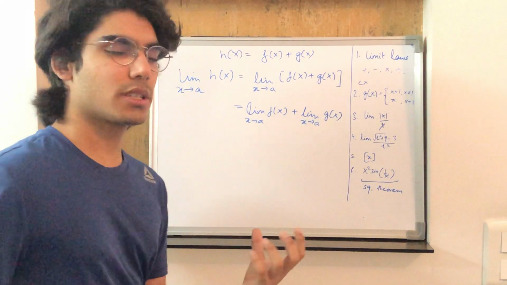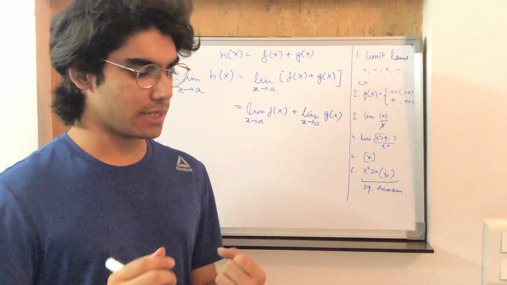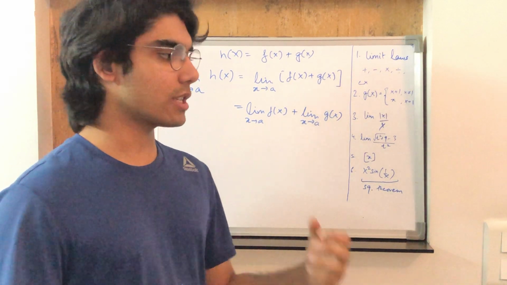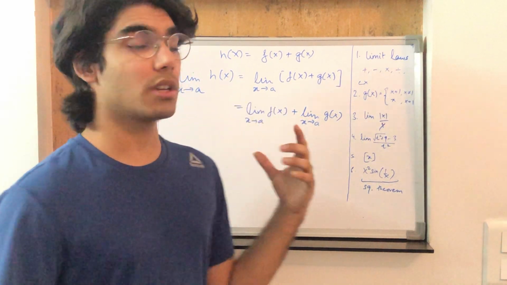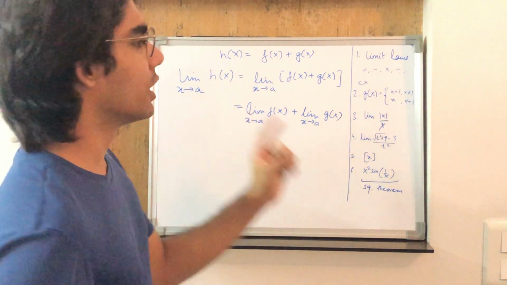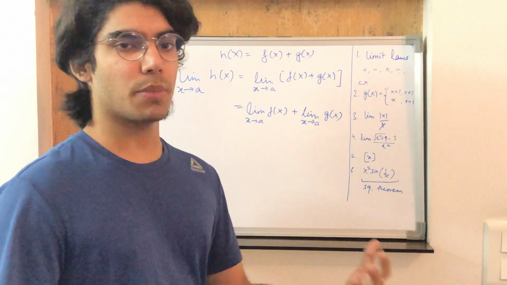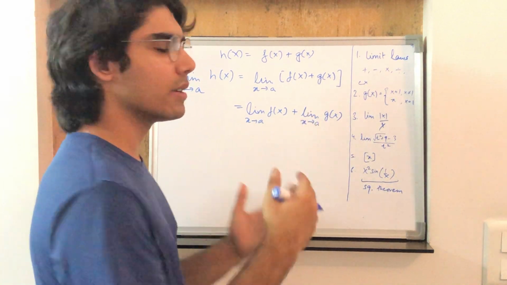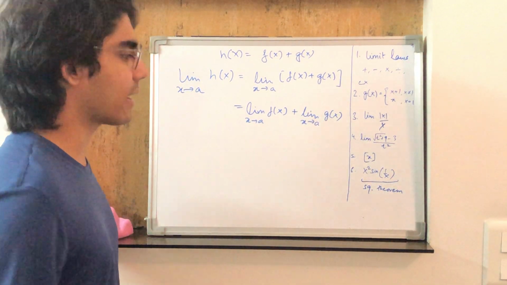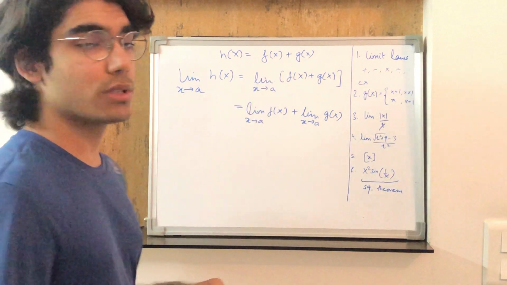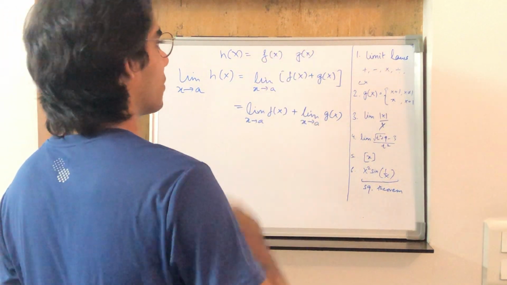So limits are supposed to be thought of as an operation. Just like when you're doing multiplication, you can use the distributive property. If you have 2 times bracket 3 plus 6, you can write this as 2 times 3 plus 2 times 6. So it's kind of similar to that, but not exactly the same thing. So here I use addition. I can use subtraction.